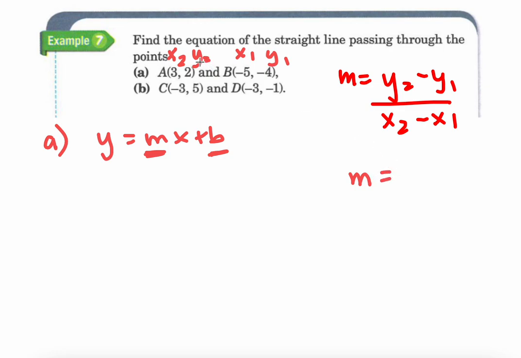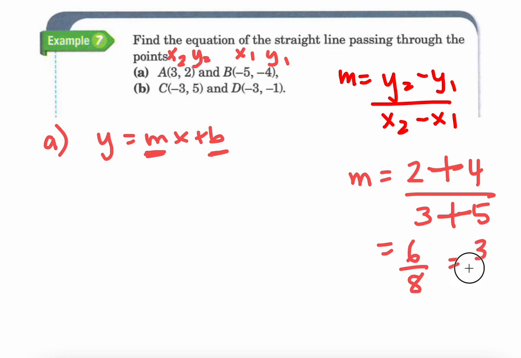Slope equals 2 minus negative 4 over x2, which is 3, minus negative 5. So it ends up being 2 plus 4 over 3 plus 5. So 6 over 8, which is the same as 3/4. So that's our slope. y equals 3/4, which is our slope, x plus b.